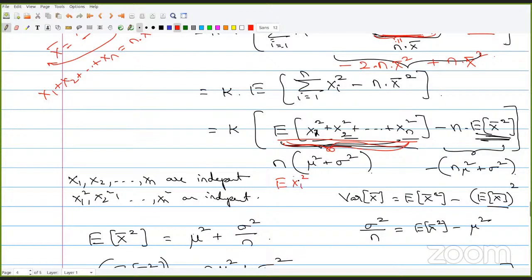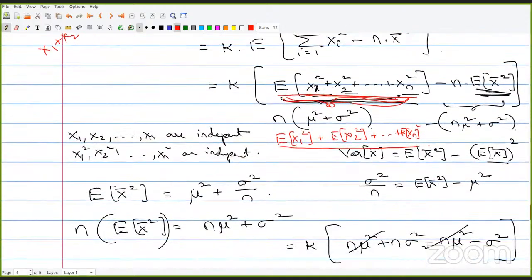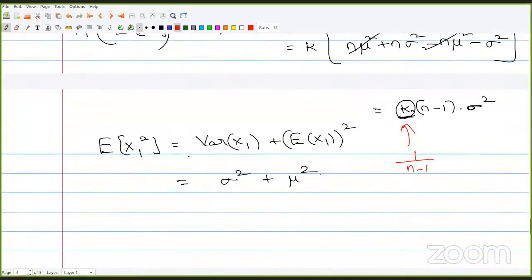This will be expectation of x1 square plus expectation of x2 square plus and so on, expectation of xn square. Correct? Now what I did is I have computed for one xi. Each and everything is identically distributed, so even for expectation of x1 square, these all are the same. Simply I can write it like expectation of xi square. Right. Understood. Thank you. So variance of xi, these all are sigma square plus mu square.